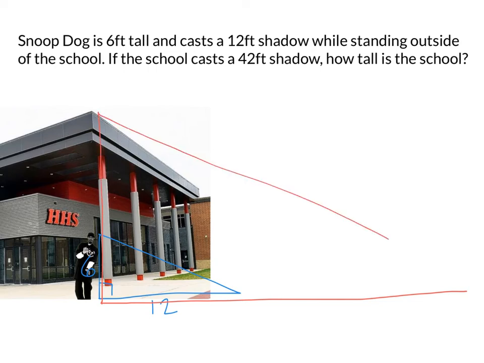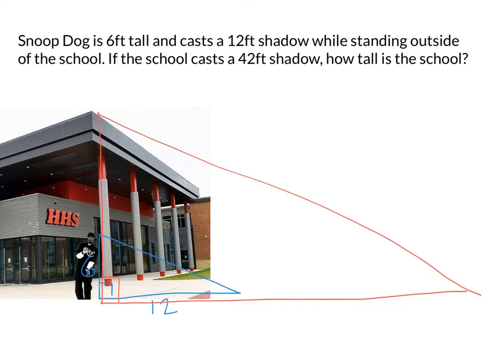My goodness, we got ourselves another triangle. And if I could draw them nicely, you would see that these are indeed similar right triangles. Think about it. The sun is coming from way up in here. It's coming from the same spot, so it's going to help cast that same shadow. It creates a similar triangle effect.